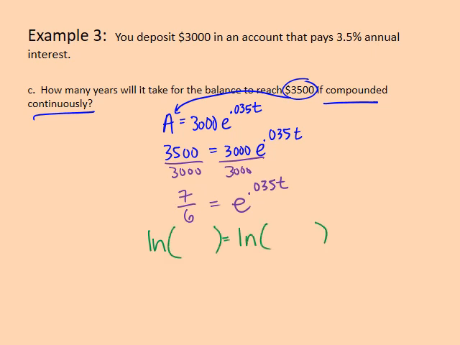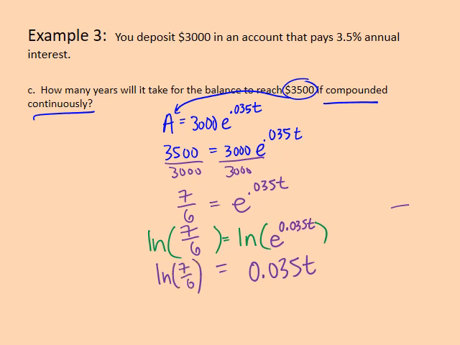When we take the natural log of 7 divided by 6, that's just a number. And on the other side, we're going to take the natural log of e raised to the 0.035 times t. Now, when we take the natural log and an e together, they undo each other. So we're just left with 0.035 times t, and on the other side, the natural log of 7/6.